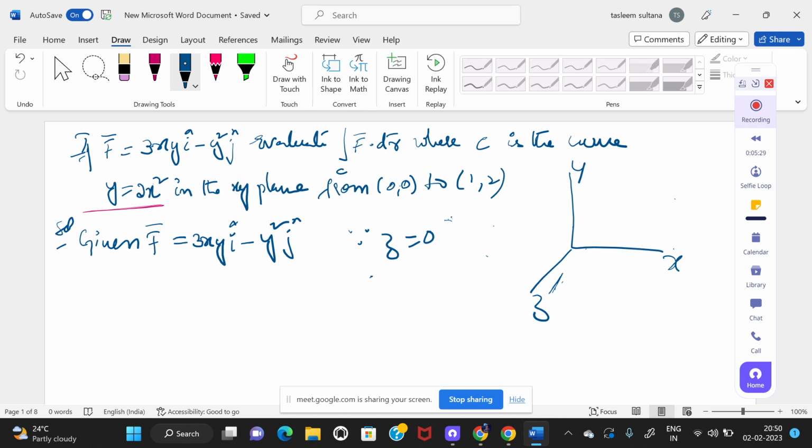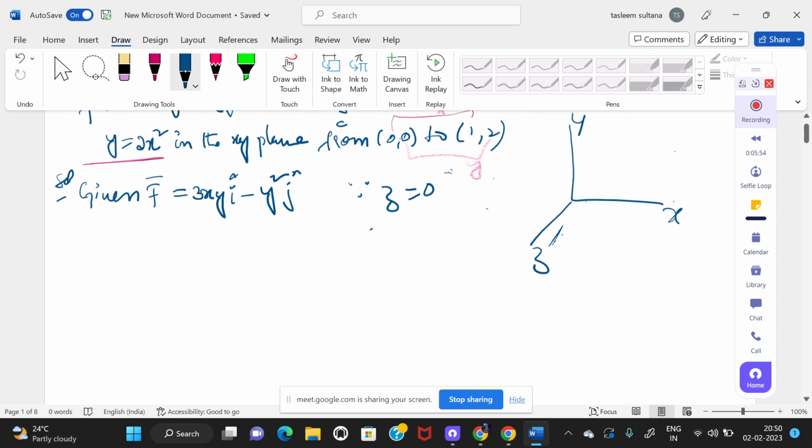Even you see the limits they have given, 0 to 1 and 0 to 2. This is your x limit, that is 0 to 1, and your y is from 0 to 2. This is your x limit and this is your y limit. Right. And what about your r?